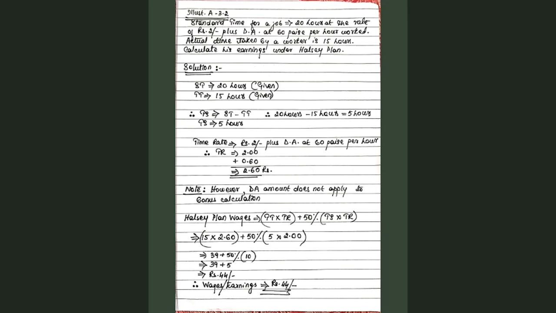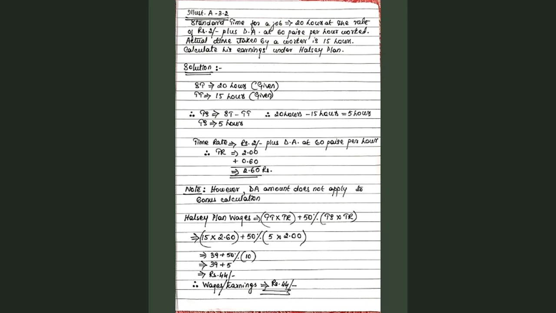I have also explained in the previous videos many times that the first part of the formula, which is time taken into time rate, is the minimum guaranteed wage for a worker irrespective of his performance in the organization. Therefore, even if he does not perform at a high efficiency, he is paid this minimum guaranteed wage. So, he gets this amount at any cost as long as he is working in the organization.